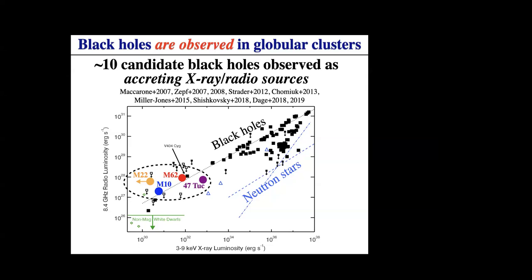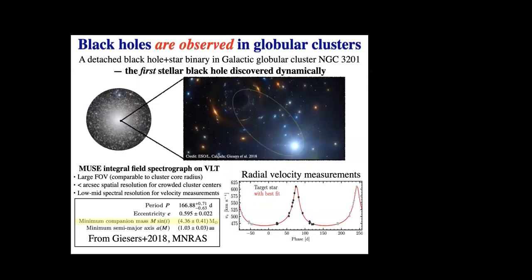I would say the most robust evidence for black holes in clusters came more recently, in the past 5 years. So in 2018, there was a large radial velocity survey performed with the MUSE integral field spectrograph on the VLT. Essentially, they made radial velocity measurements for a large number of stars in a number of different Milky Way globular clusters over a number of epochs, which allowed us to constrain the orbits of these stars and make constraints on the binary parameters.